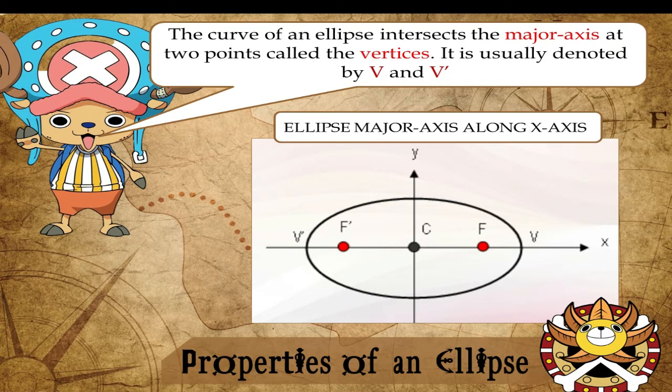If the ellipse is along the x-axis, this is the look of our ellipse. The longest is along the x-axis, which is the vertex, and the fixed point mentioned earlier is the letter F. That is the foci, and the center is here, and the vertex is there. Okay? That is the first property.